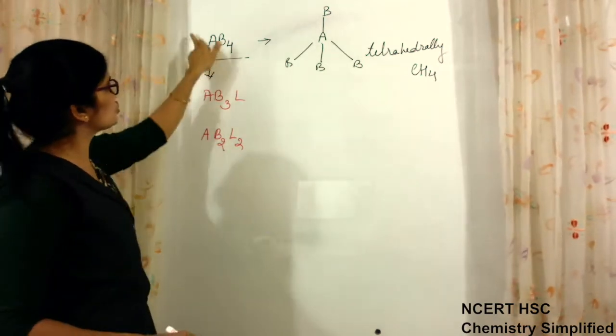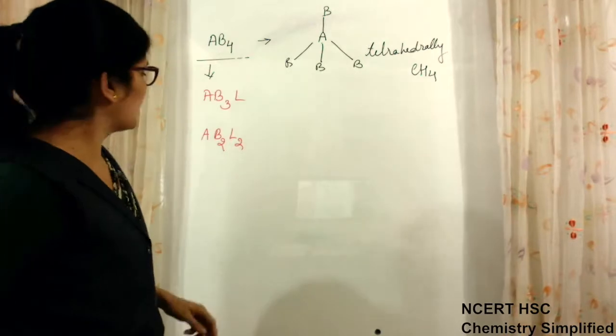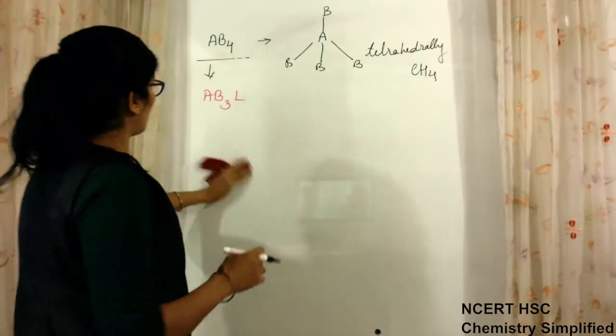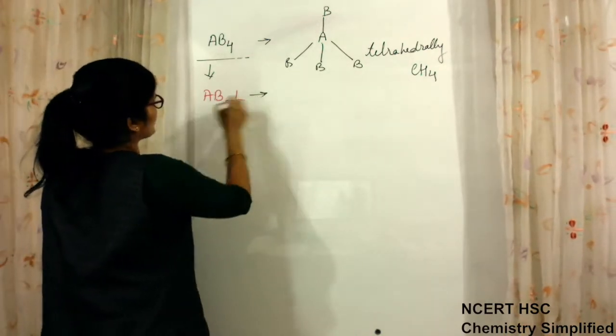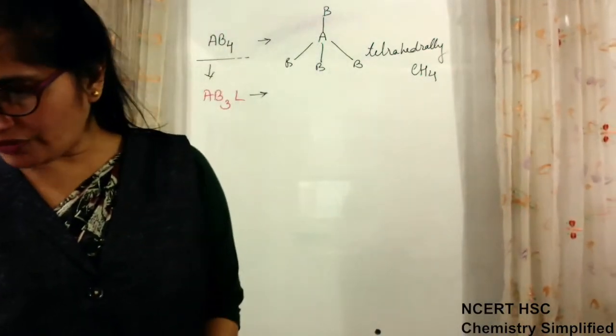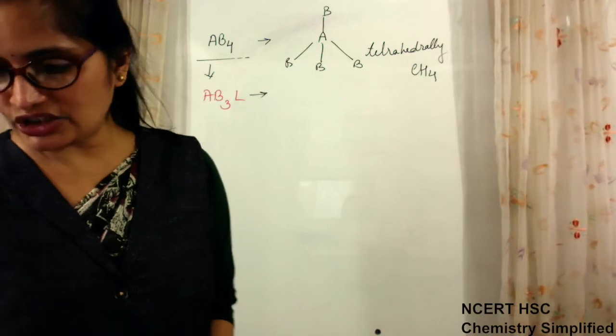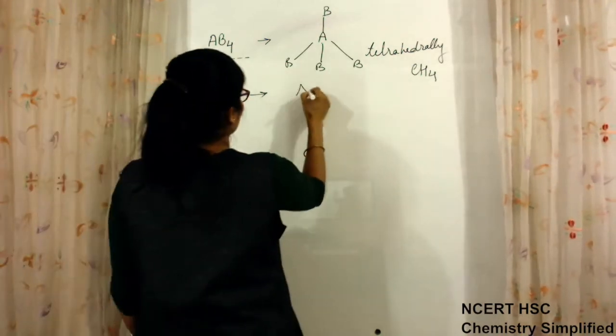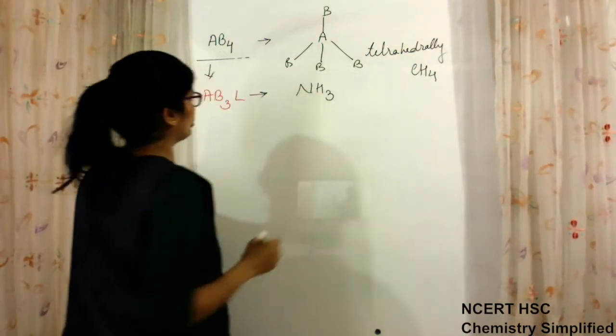Then how does this geometry get distorted? Okay, one by one we come to this. AB3L type of molecule. Now the example of AB3L we will take is NH3. The best example is NH3, ammonia molecule.